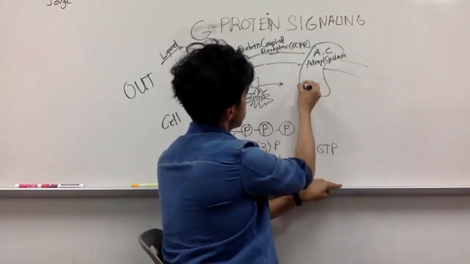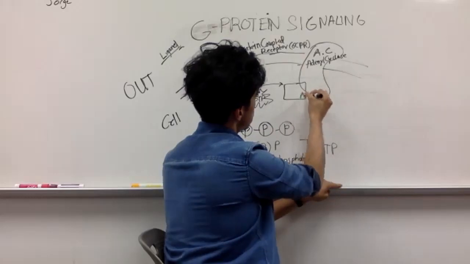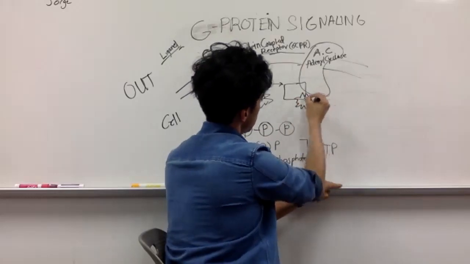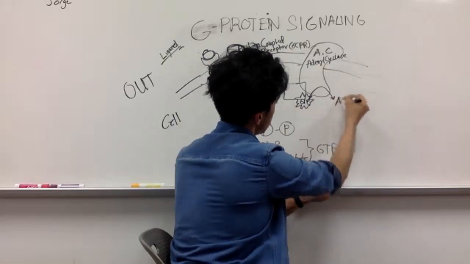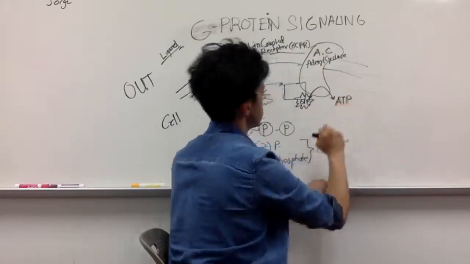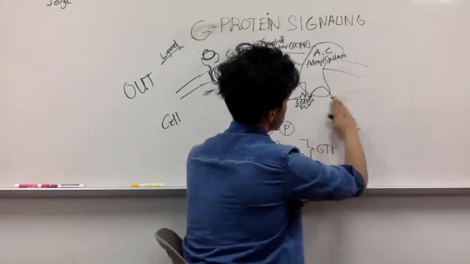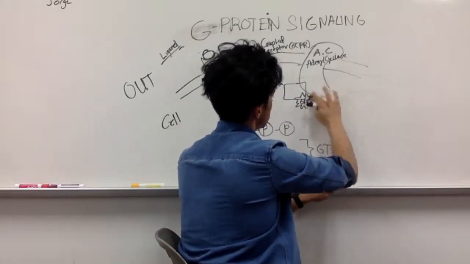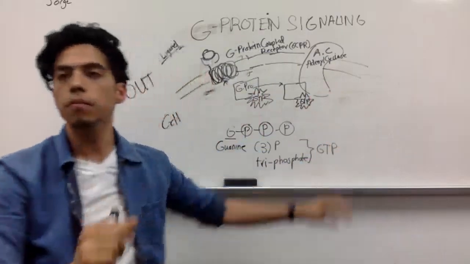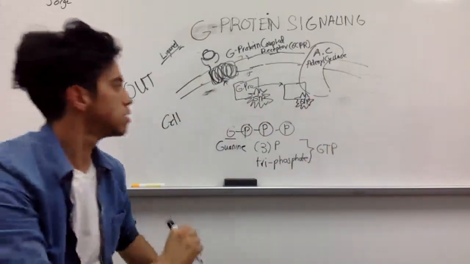Going to go over here. ATP. I'll erase that arrow. What? Yeah, you're good. Okay. Yeah, you're good.